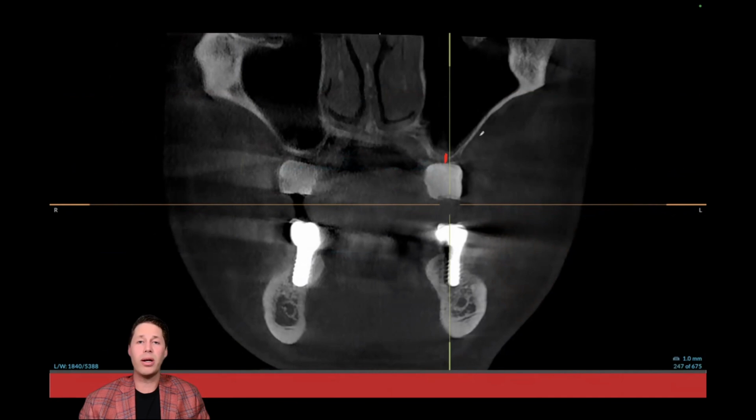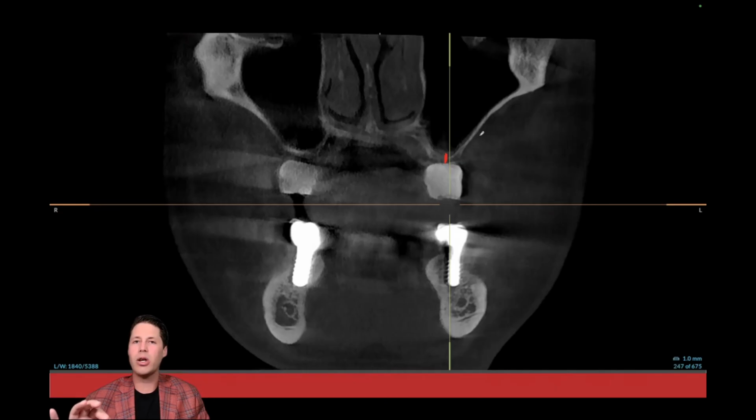Now, furthermore, with the lateral window approach, implants can be placed simultaneously. It really depends on the bone quality, bone density, and also how much residual bone height is present. If it's 3 to 4 millimeters, typically you can go ahead and proceed with implant placement and lateral window grafting.